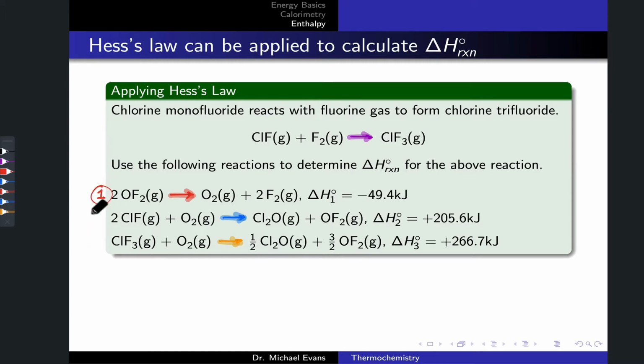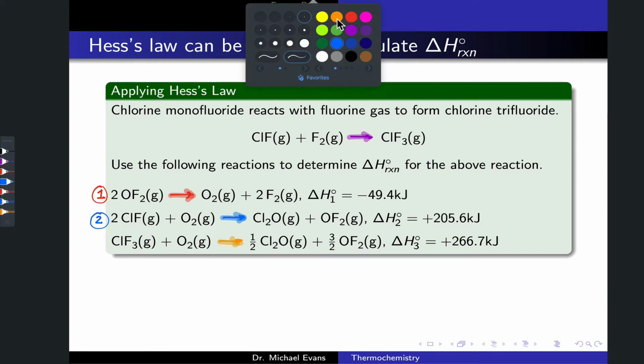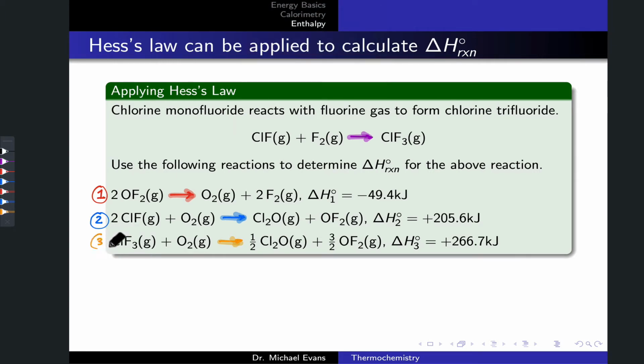So let's make the first reaction here red, the second reaction here blue, and the third reaction here orange. This is going to help us keep track of where those reactions show up as we add them, scale them, reverse them, etc. And our target, let's call that R, is going to stay in purple.